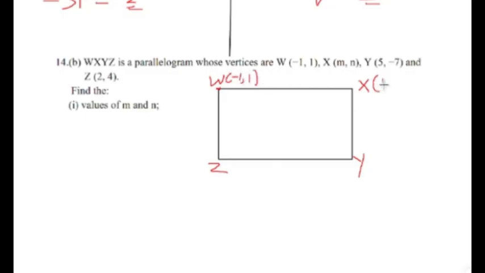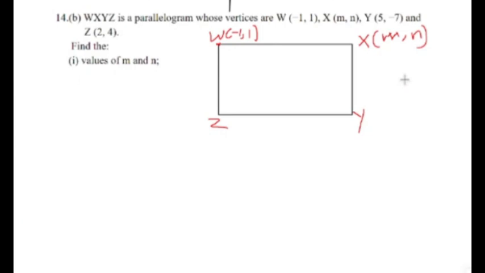X is (M, N). We don't know those values. Then Y is (5, -7). Then Z is (2, 4).